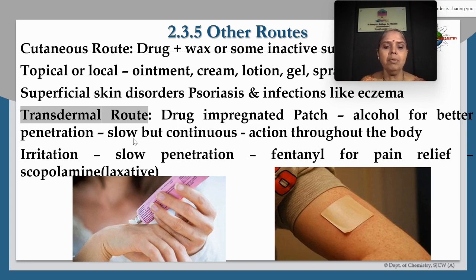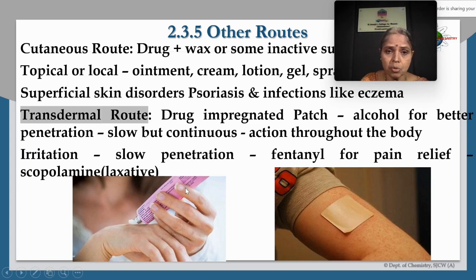But in the transdermal route the drug is introduced in the form of a patch. A patch which is impregnated with the drug is pasted on the skin. It is also mixed with some alcohol or some substance that can penetrate the skin. It will penetrate the skin and come in contact with the blood vessels lining the skin, and through the blood vessels, slowly and uniformly the drug travels throughout the body.